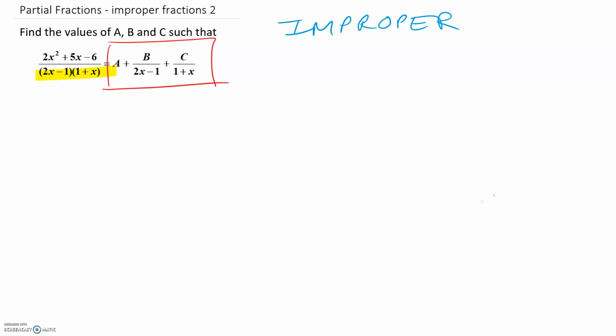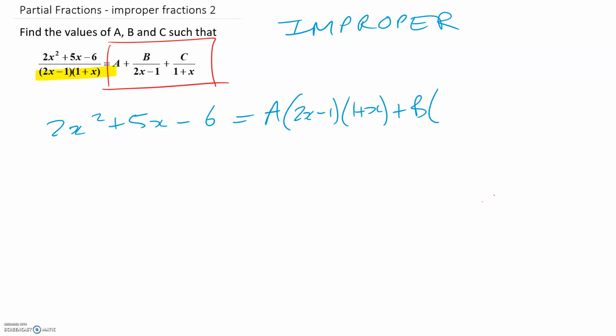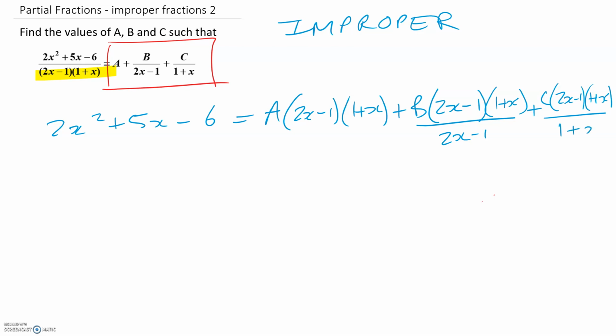So if you multiply everything by this, you've got 2x squared plus 5x minus 6 equals A times (2x minus 1)(1 plus x), plus B times (2x minus 1)(1 plus x), all over 2x minus 1, and then C times the same thing, (2x minus 1)(1 plus x), all over 1 plus x.